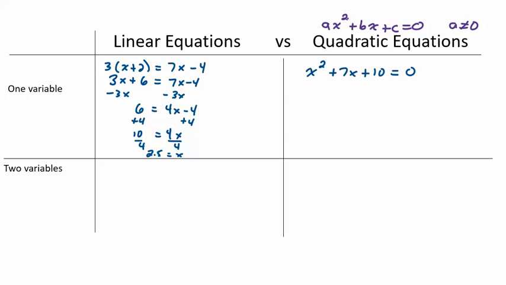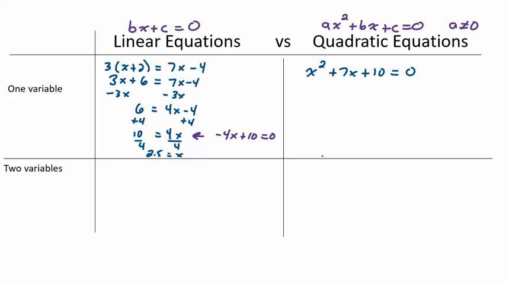Because if a was equal to 0, we would get a linear equation. We would get something like bx plus c equals 0, something that can be put in that form. It doesn't have to look exactly like that, but it can be put in that form. For example, down here, when I got to 10 equals 4x, if I would have subtracted the 4x to the other side, I would have had negative 4x plus 10 equals 0, which is this form. That makes it a linear equation.